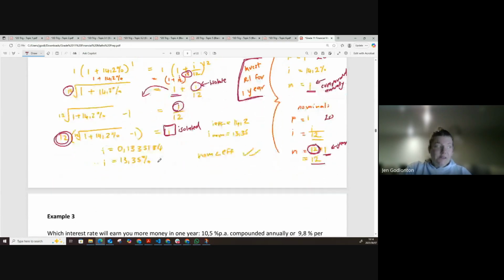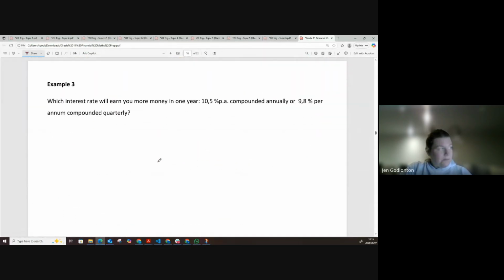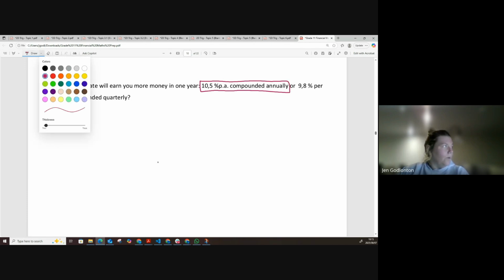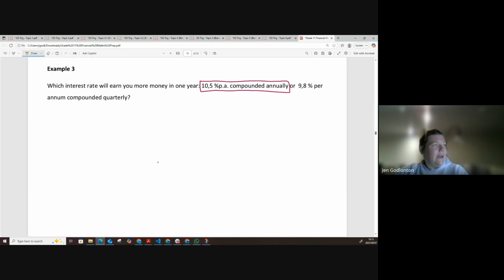The next one is on the same lines as what we've been doing, but a little bit quirkier. So it's asking you which interest rate will you earn more money in 1 year if you had 10% compounded annually, or if you had 9.8% per annum compounded quarterly.